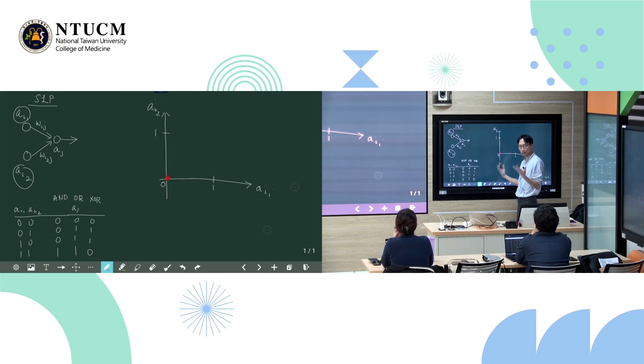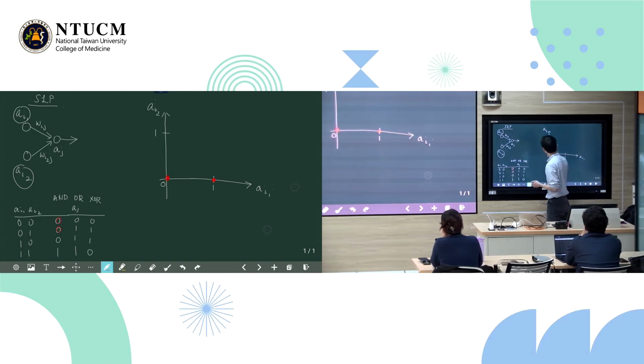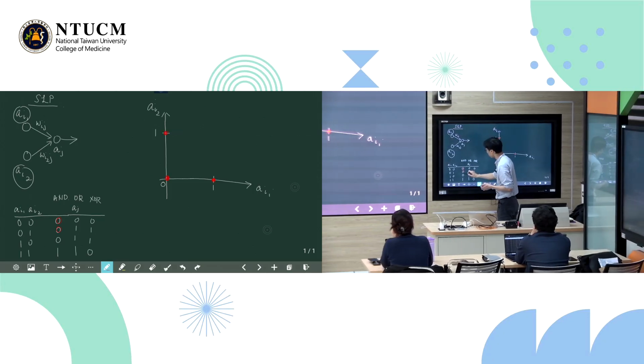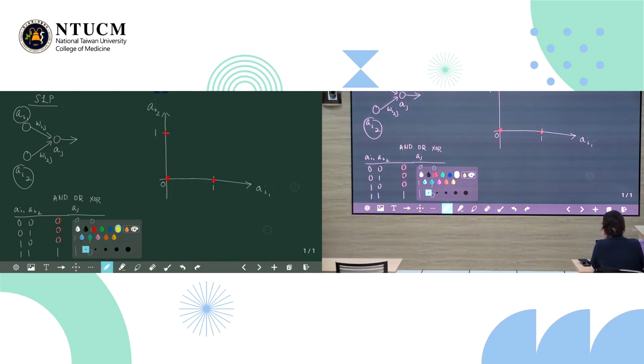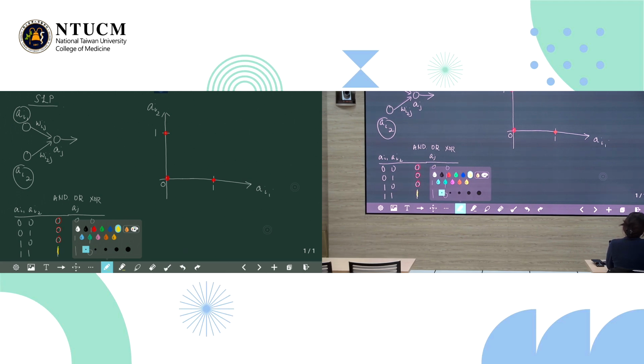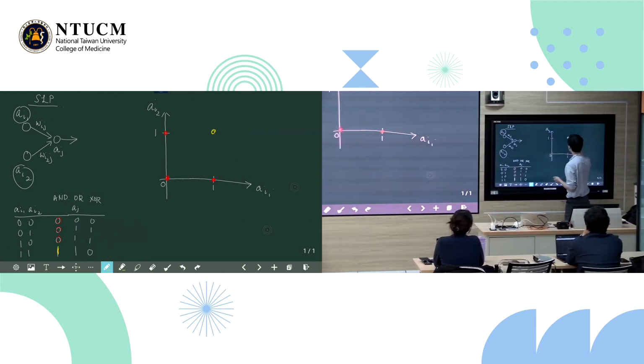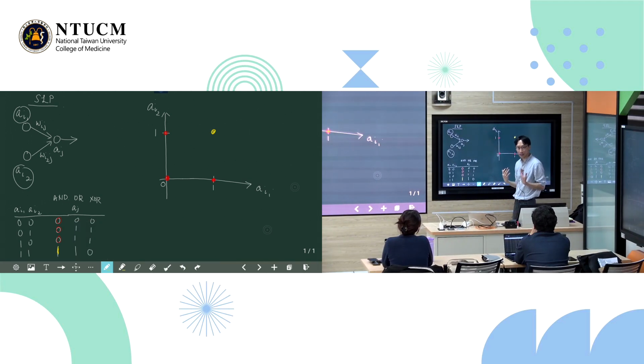If AI1 is 1 and AI2 is 0, it's also red, and the other single-input situation is also red. But when both are 1, then it's a yellow state.